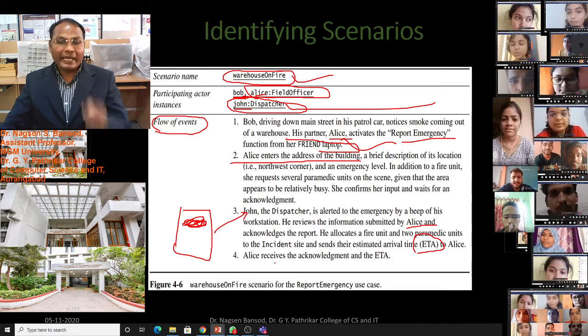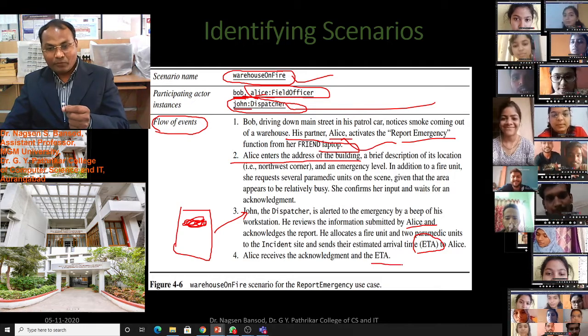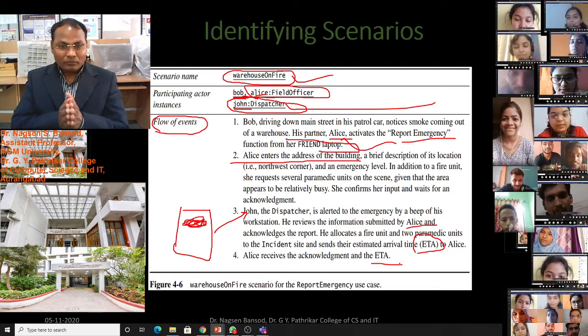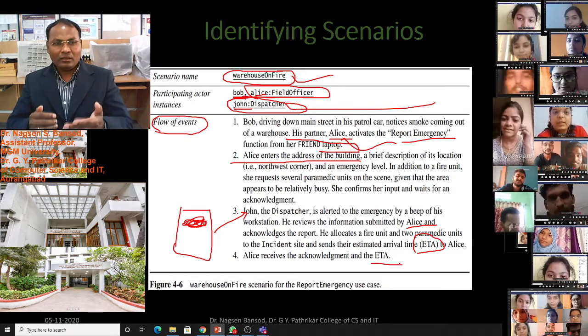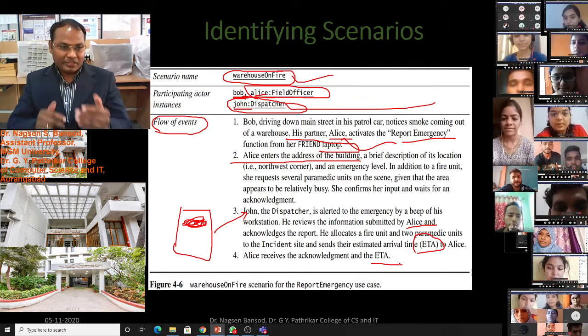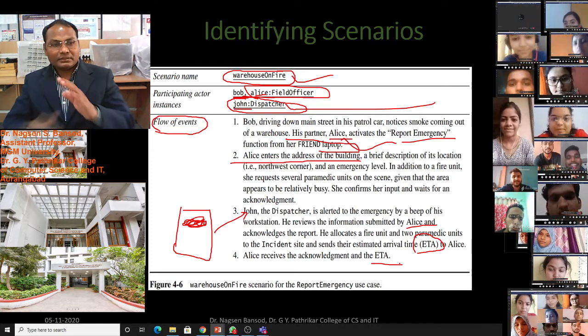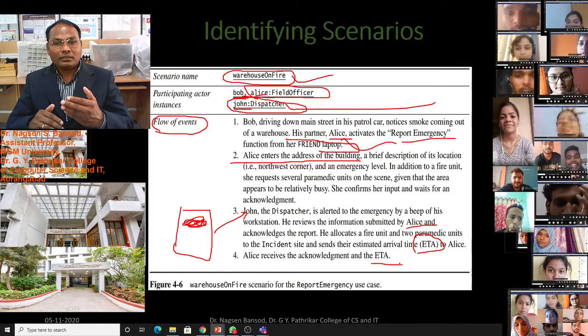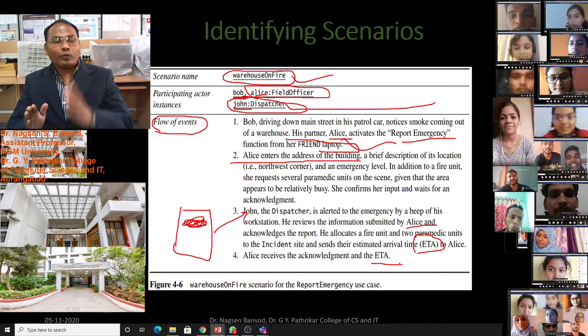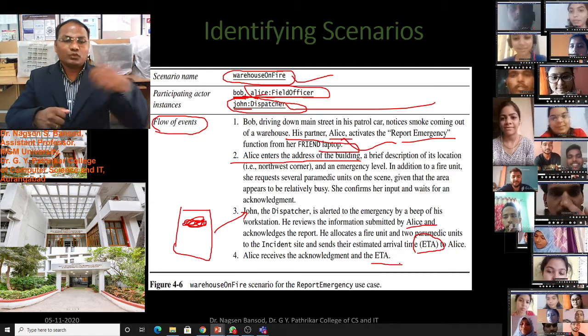Alice receives the acknowledgement and the estimated arrival time through the FRIEND software. There is a system, the FRIEND system. Alice activated the report emergency function, and that information reached John.